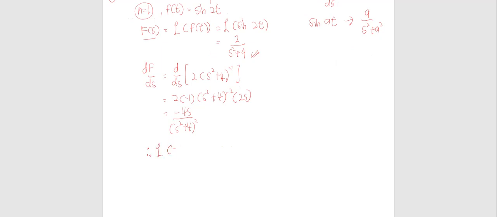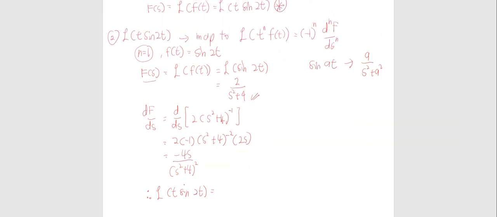So the Laplace transform of t sin 2t is equal to, the Laplace transform of t^n f(t) equals (-1)^n d^n F over ds^n, here. For this one, it is (-1) to the power of n, where n is 1, times dF over ds. So dF over ds is -4s over (s² + 4)².